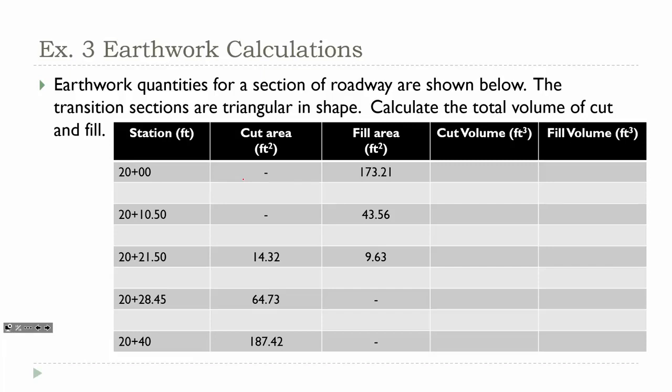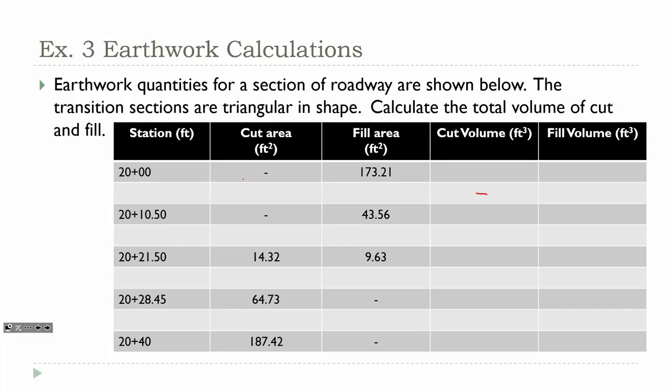We have no cut here, so we're not going to be calculating any volume of cut. Our areas correspond to the stations, but the volumes we should put on the rows in between, since they happen between the cross-sectional areas.